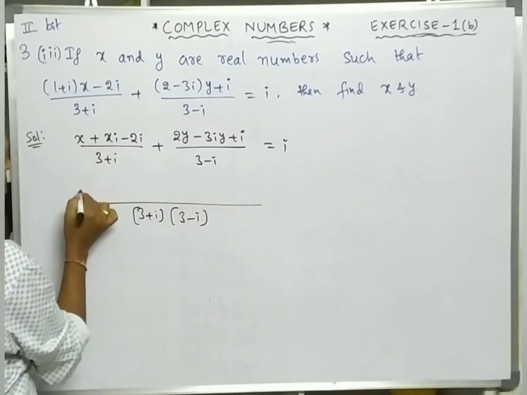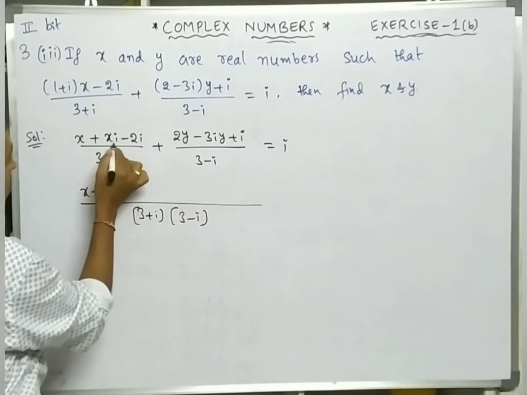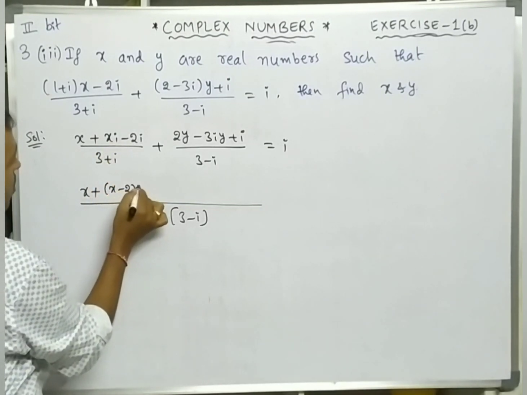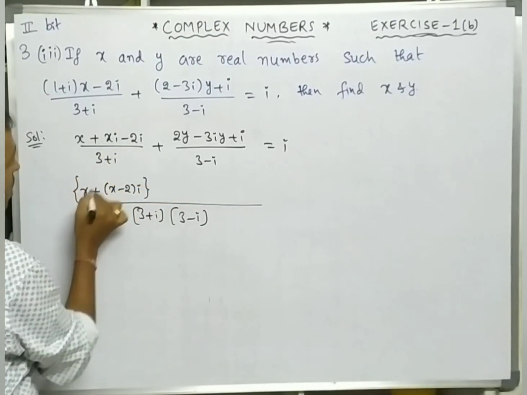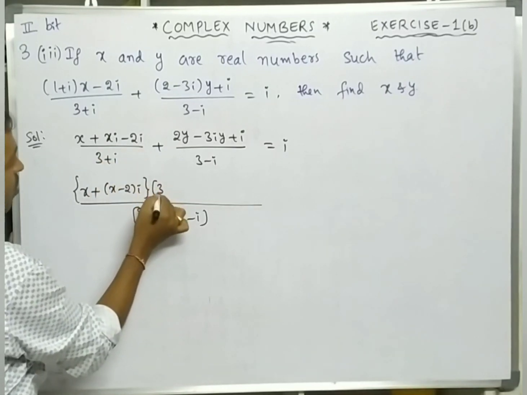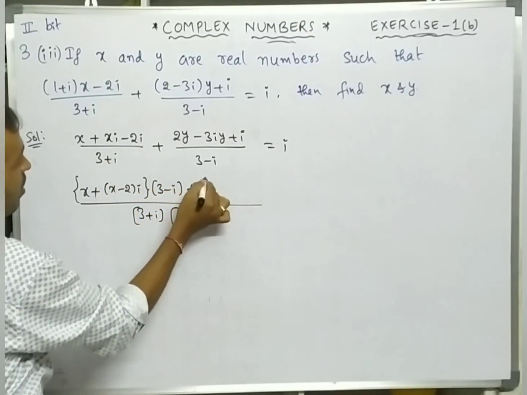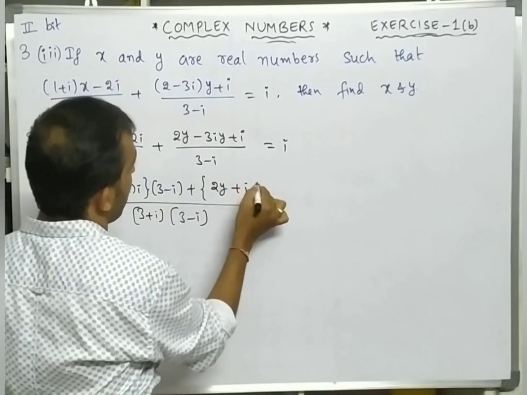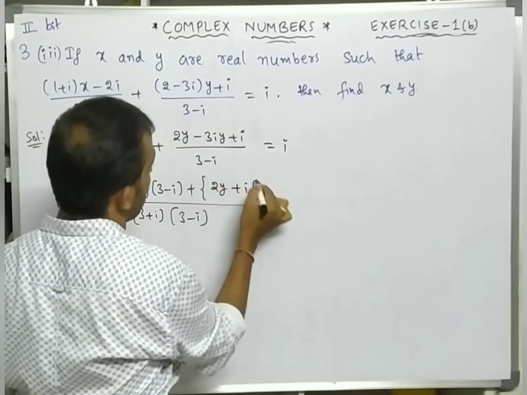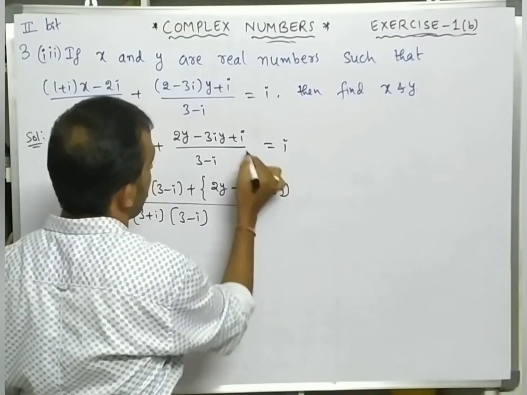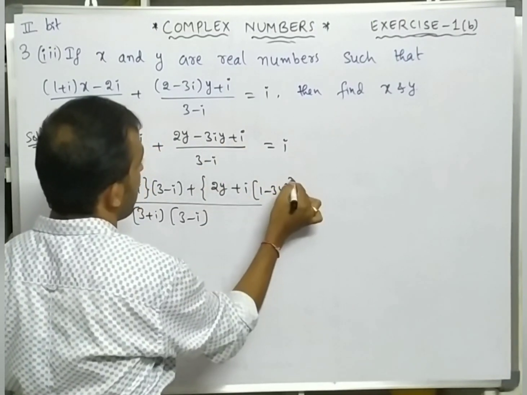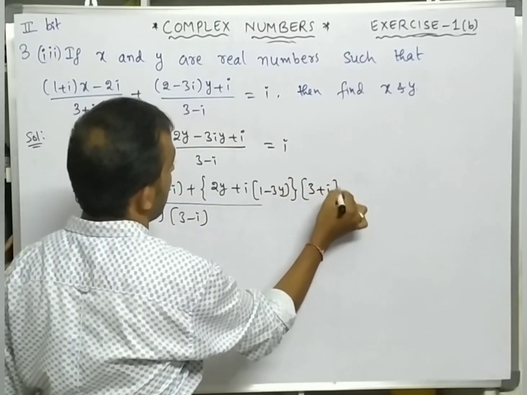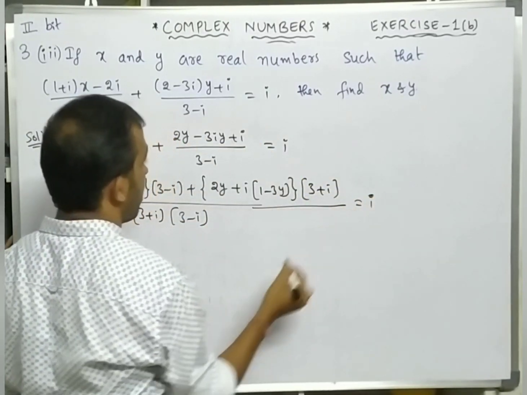So here you will get (x minus 2) into i common, into (3 minus i). In this one, 2y plus i is common, (1 minus 3y) i common, into (3 plus i), is equal to i.